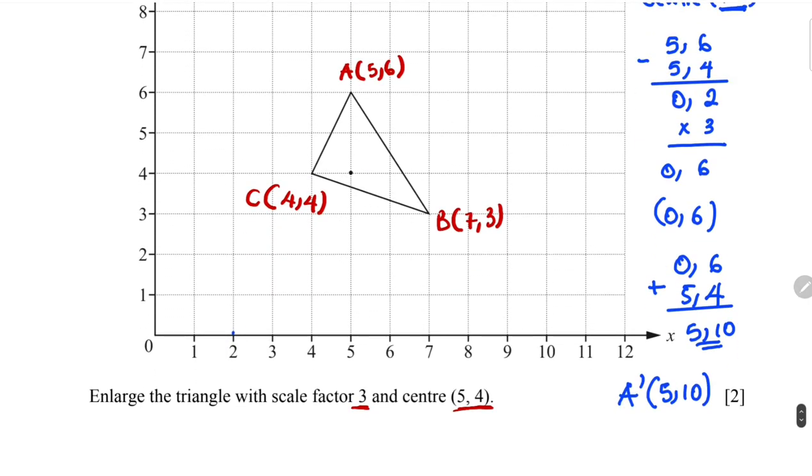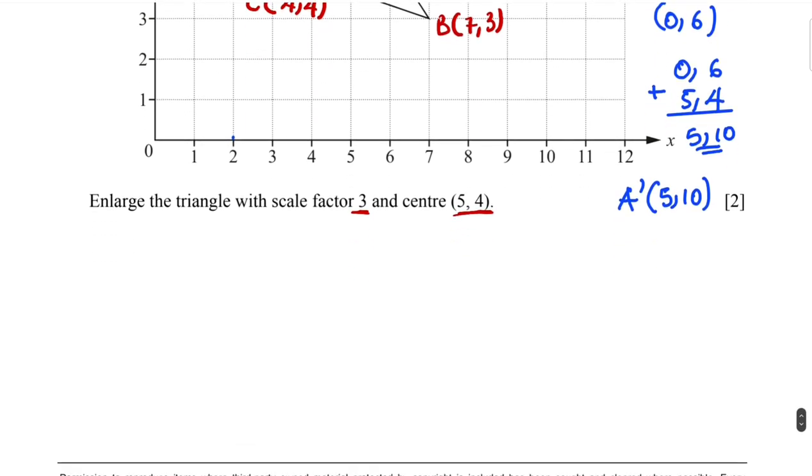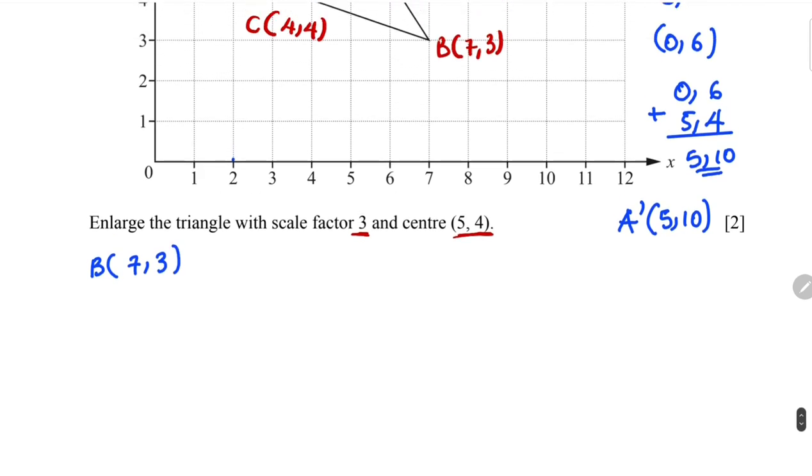Then let me show you one more thing. The other one you can do yourself. Let me show you B. B has a coordinate of 7, 3. I'm going to subtract the center from it. So I have 7, 3 minus the center, which is 5, 4.